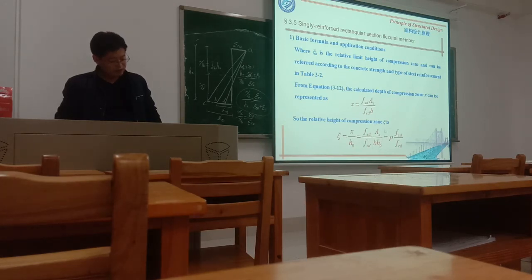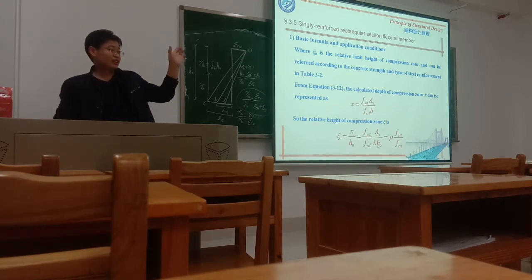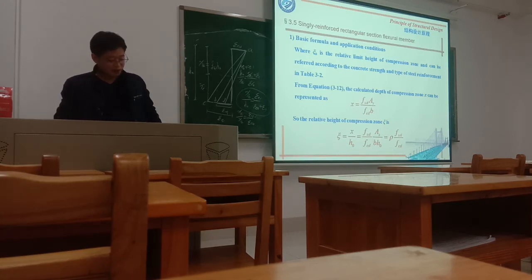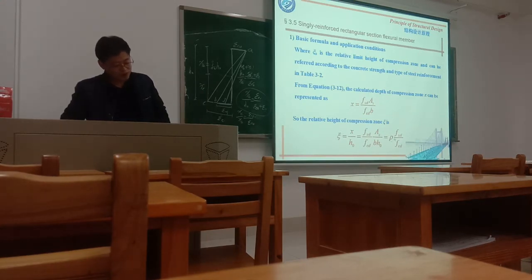Here as is the area of the reinforcement, and b h0 is the area of the beam. Then as divided by b h0 equals rho, the reinforcement ratio. Then ξ equals the ratio rho multiplied by fsd divided by fcd.